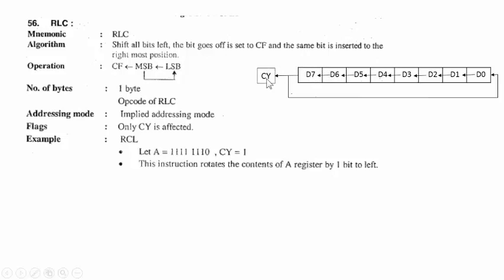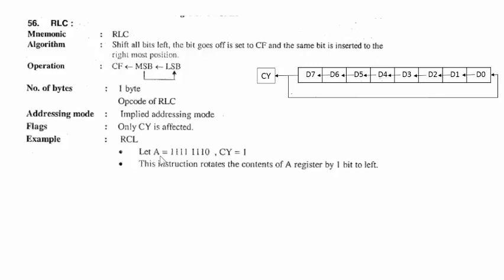So shift left means D0 bit gets shifted to the D1 location, D1 bit gets shifted to D2, D2 bit to D3, D3 bit to D4, D4 to D5, D5 to D6, D6 bit gets shifted to D7, and D7 bit gets copied in the carry flag bit and also shifted to the D0 location.